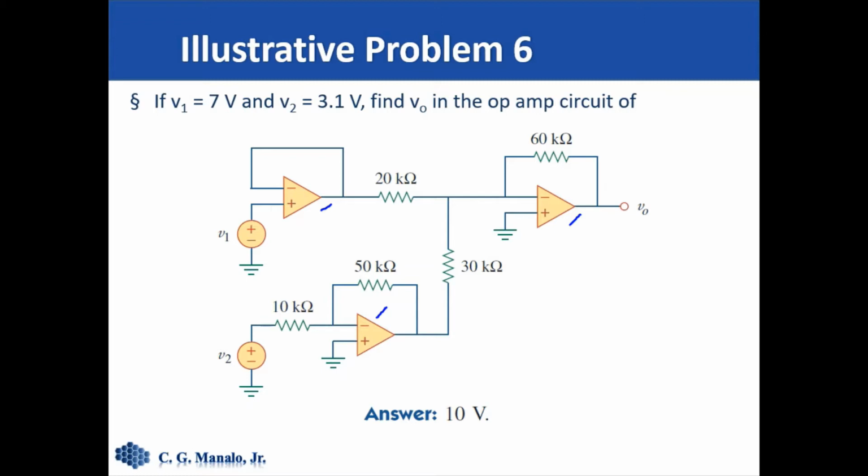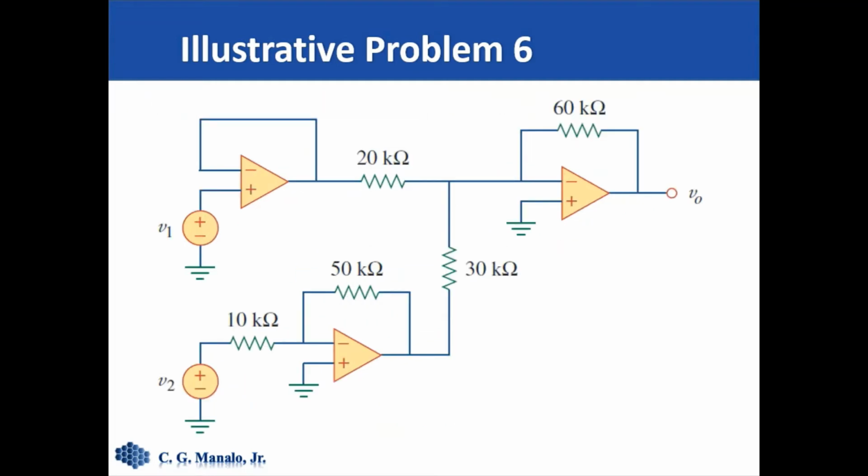These two op-amps are where the two input voltages come in, and the output is taken from the third op-amp on the rightmost. The inputs are V sub 1 equals 7 volts and V sub 2 equals 3.1 volts. So the question is, what is the output V naught?